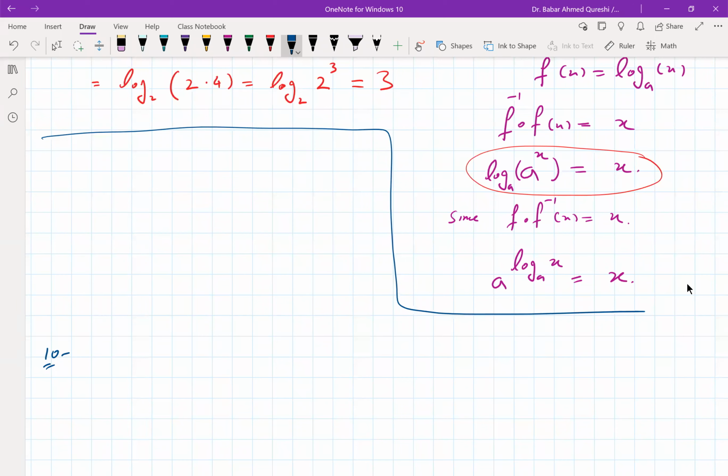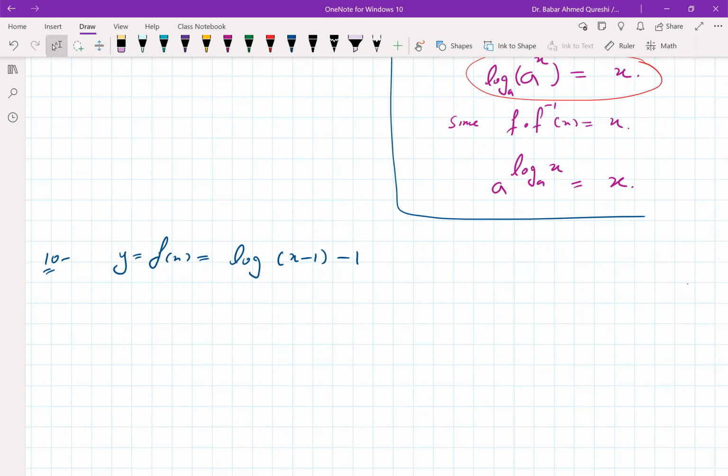So suppose you're given this function, and you want to sketch this graph.